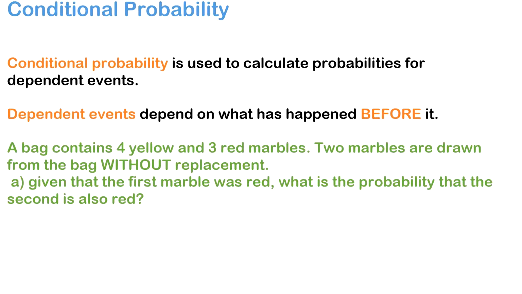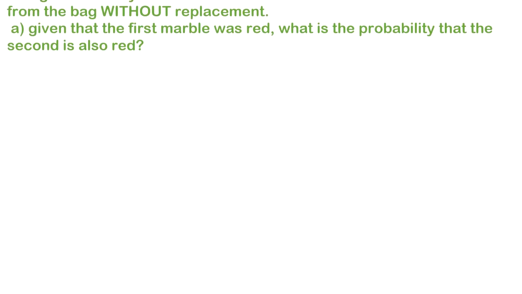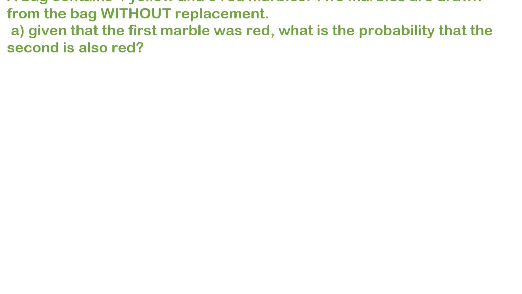This is because depending on what I've drawn first, if I drew a red marble, the number of red marbles in the overall bag now is less. So the first thing is that there are a lower number of red marbles, but there are also a lower number of marbles altogether. So, given that the first marble was red, what is the probability that the second is also red?